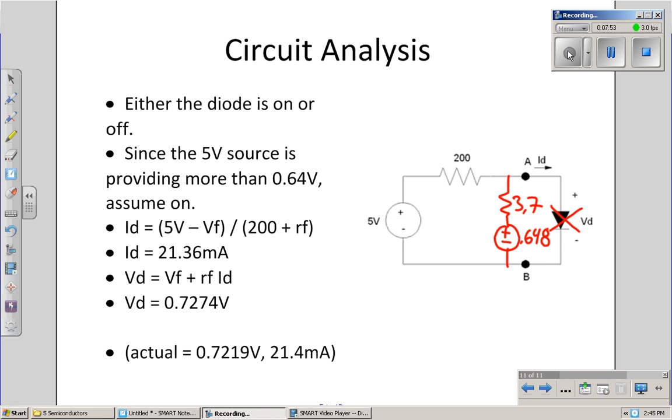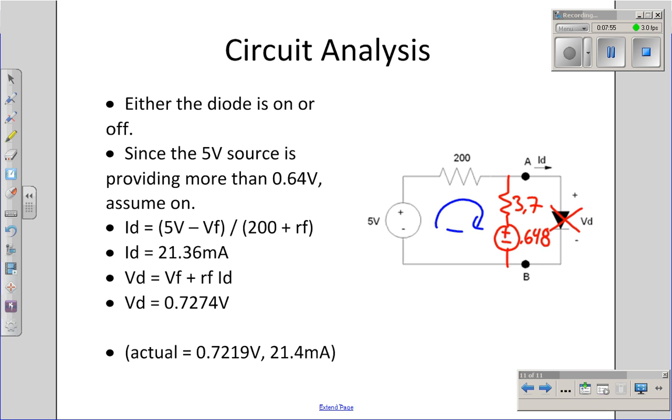I can now find the current through the circuit, which will be 5 volts minus 0.648 volts, the voltage pushing the current through the loop, divided by the total resistance, 200 ohms plus 3.7 ohms.